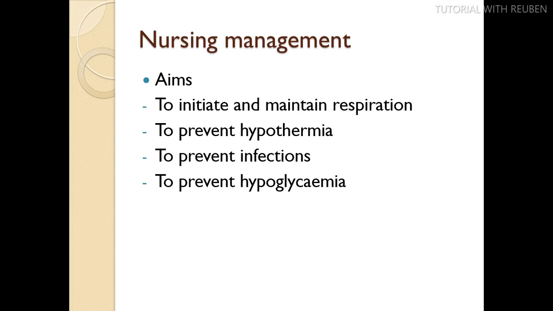Okay, so you can do things like that. And then you need to give these feeds in small frequent feeds and ensure that the baby is not overfed. Then record all the feeds on the feeds chart.